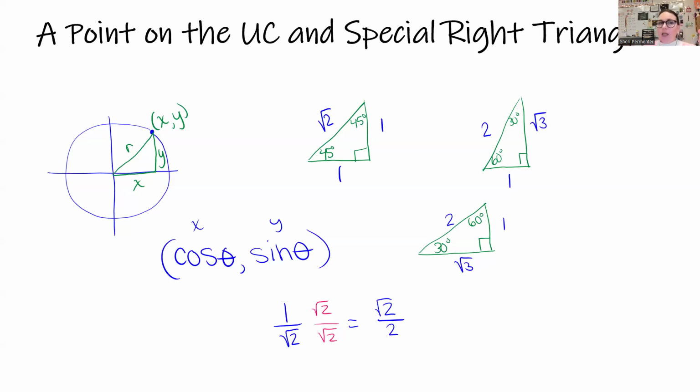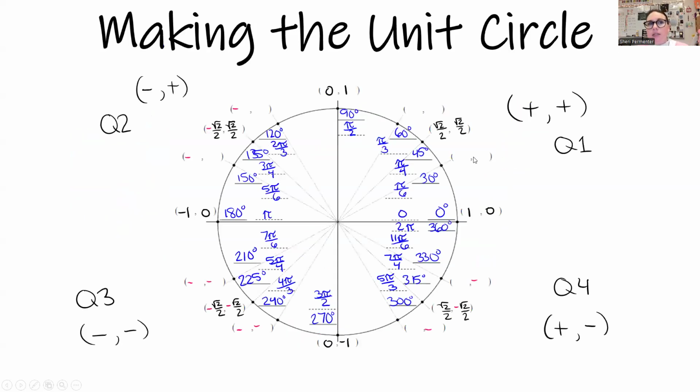That's what I remember. If I'm looking at the 30-degree triangle, the sine, which is opposite over hypotenuse, is 1/2. The sine of 30 is 1/2, and sine goes with the Y value.